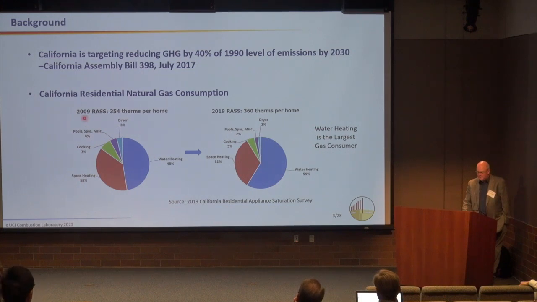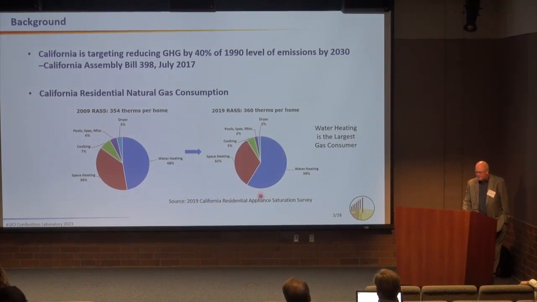This is from the 2009 saturation study, 354 therms per home. The majority of it is in water heating, space heating, a little bit in cooking. If we flash forward 10 years, there's even more gas being used, and water heating again is by far the largest consumer, followed by space heating.